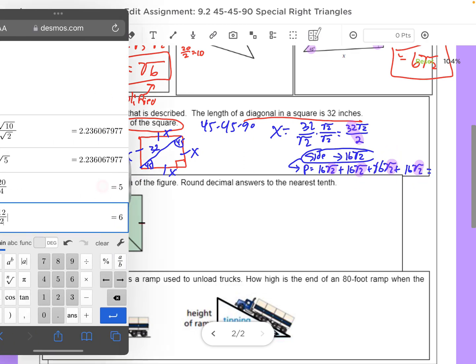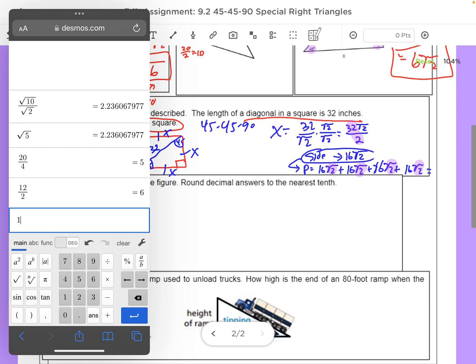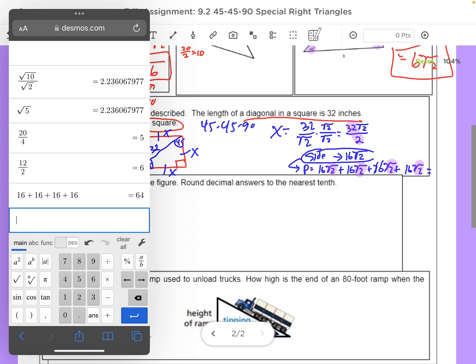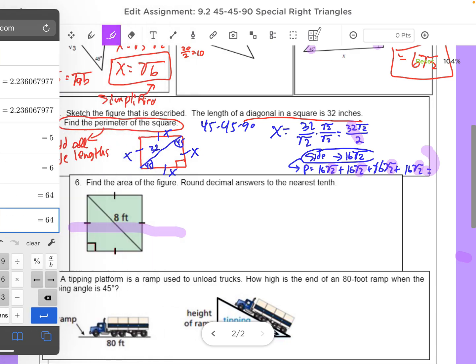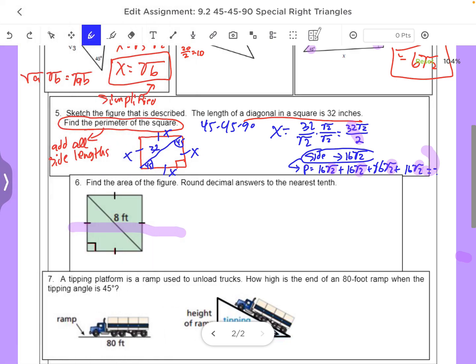So that means 16 plus 16 plus 16 plus 16, or 16 times 4, is 64 square roots of 2.